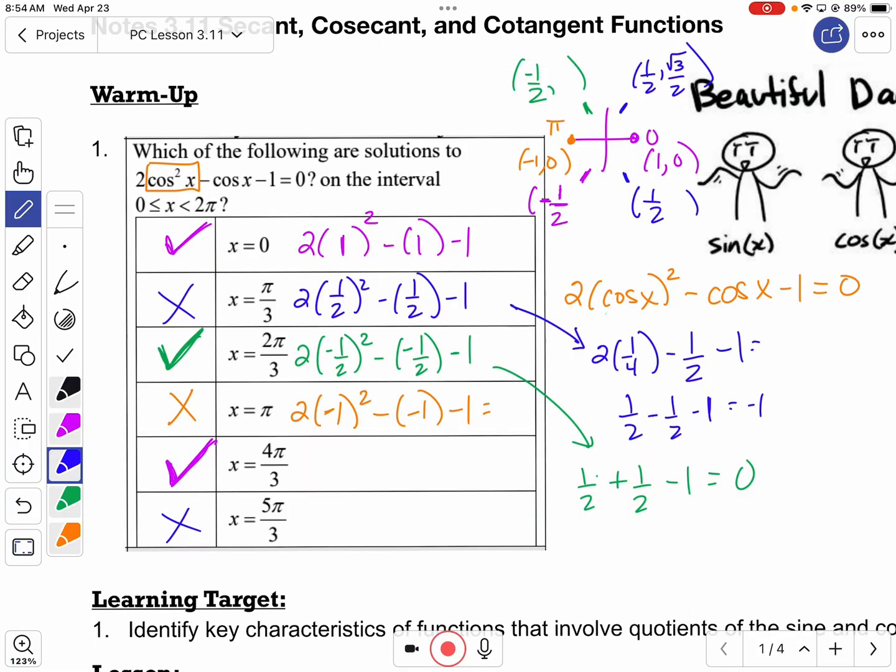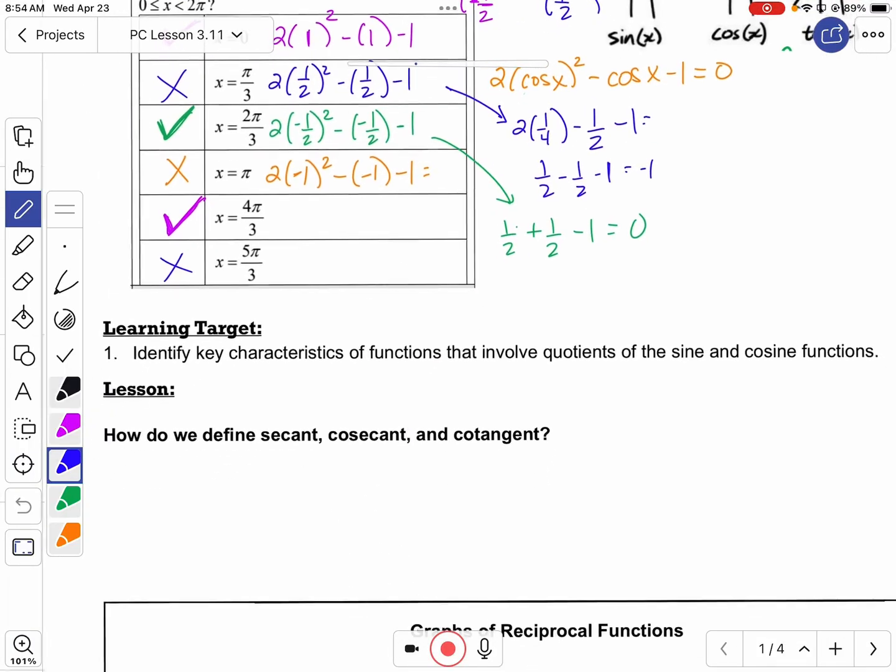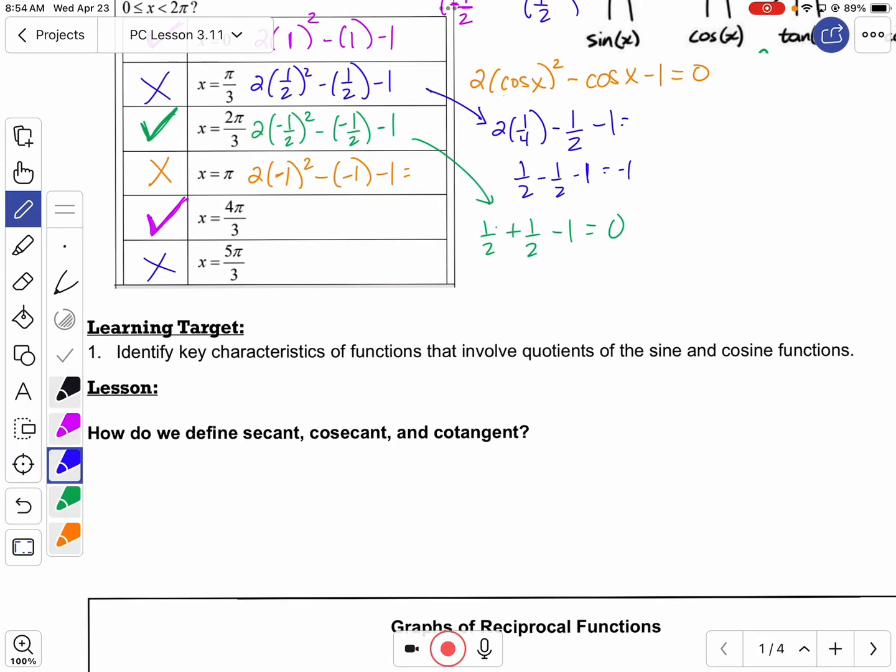All right. So let's talk about what we're going to do today. We're going to talk about key characteristics of functions that involve quotients, all right, of sine and cosine. And so if you remember, let's go back and talk about these. How did we get secant? 1 over cosine is the reciprocal of cosine.